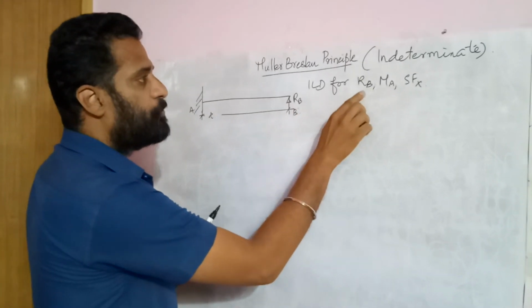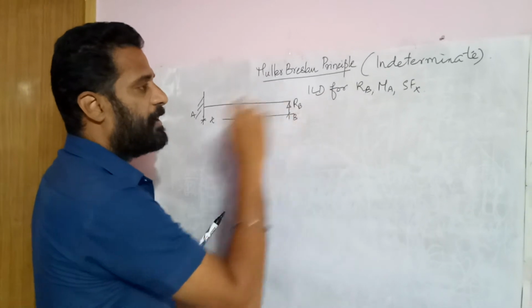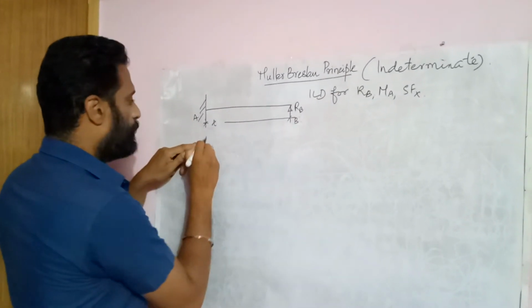So if I want to find the reaction RB, I need to replace it with 1.